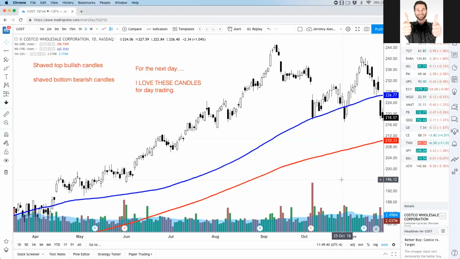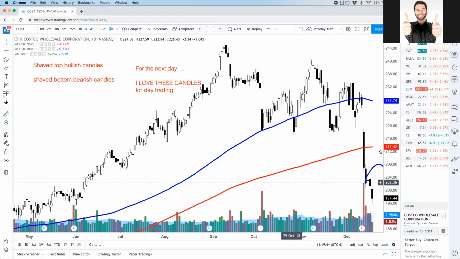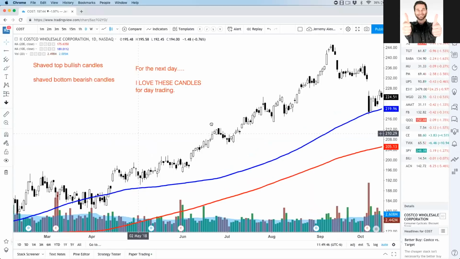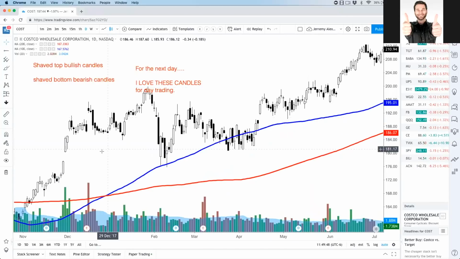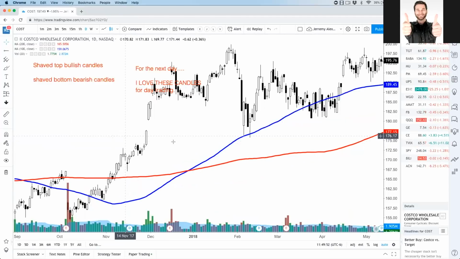I'm going to see if I can find one on Costco, and it doesn't look like I can find one there. I know where there's some. Okay. All right, here's one right here. So this is not a textbook, meaning it's not perfect, but it's very close. So what I'm looking for is a shaved top bullish candle.